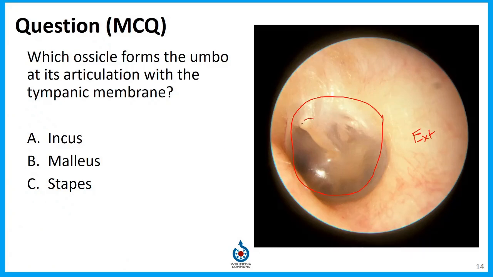The ossicle we see right here, that's its handle or its manubrium, again, more on that. And this is the malleus. So the ordering of these ossicles will go M, malleus, I, incus, S, stapes. If that helps. If not, think malleus and tympanic membrane, stapes and oval window, incus is intermediate.